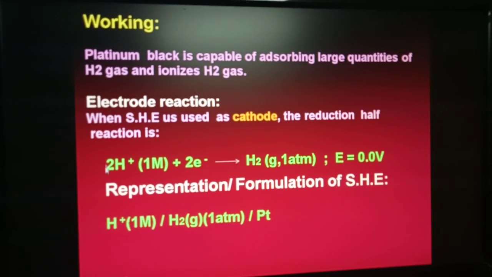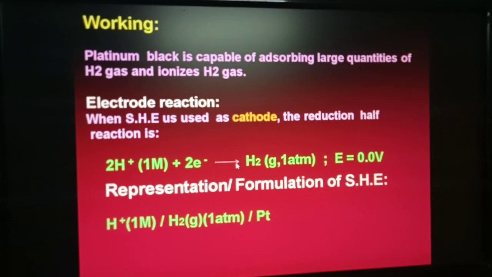Now 2H+ is from HCl solution. It gains 2 electrons which are donated by the other electrode to form hydrogen gas whose pressure is 1 atmosphere.